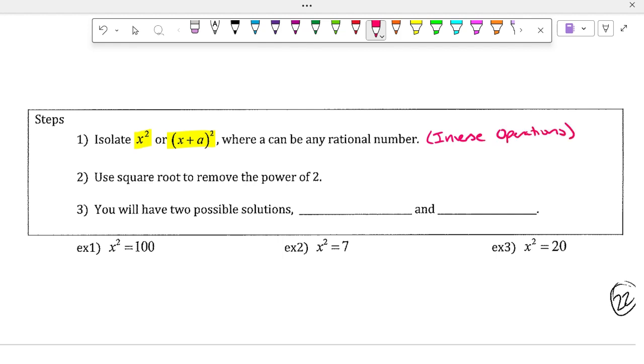And again, if you're confused about what needs to go first, just think SADMEP. That's a way that can help you solve any equation whenever you're using inverse operations and you don't know what needs to go first. All right. Then you take a square root to remove the power of 2.